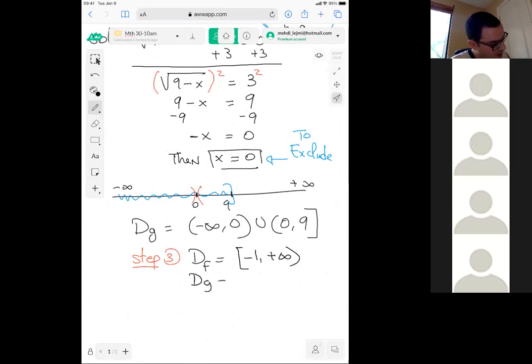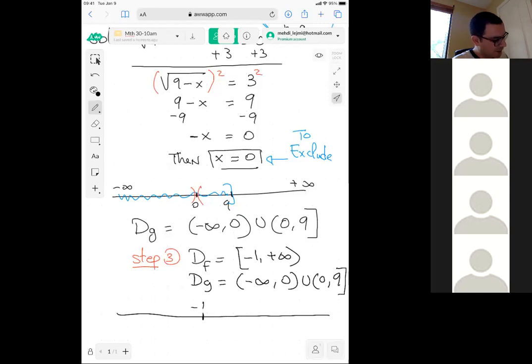Domain of G is negative infinity to 0, union 0 to 9, 9 included, right? So, okay, here's my number line. I'm gonna need -1. I'm gonna need 0, and I'm gonna need positive 9. And of course, here you have the infinity, right?